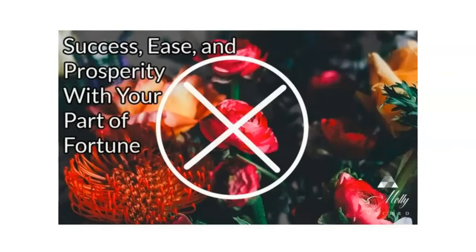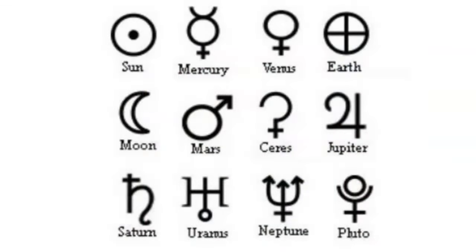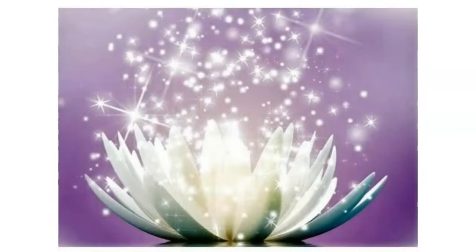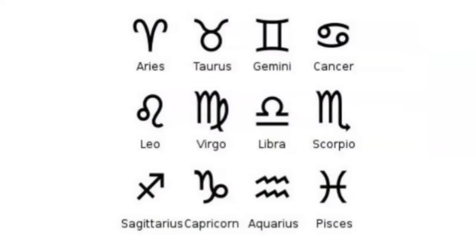So that's why you want to identify, of course, the astrological sign and then house placement that your part of fortune shows up in. Then you want to identify the ruling planet of that astrological sign. So if your part of fortune is in Cancer, then the ruling planet would be the moon. If your part of fortune is in Libra, then the ruling planet would be Venus.